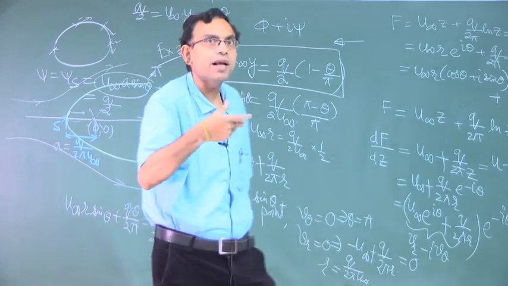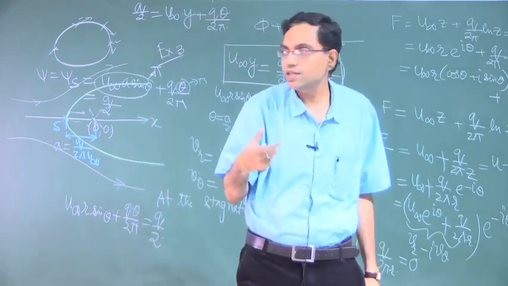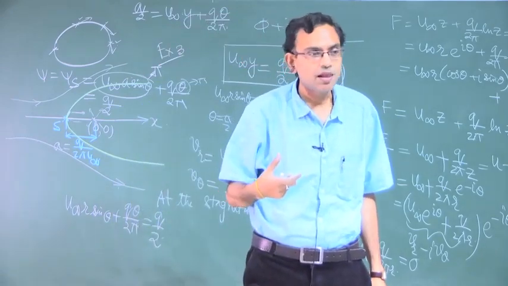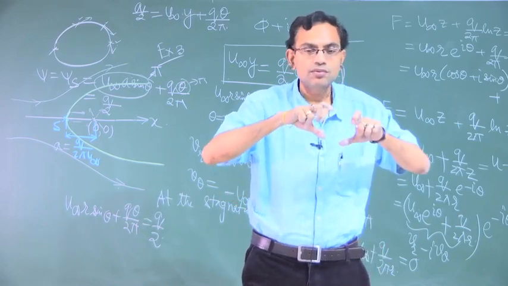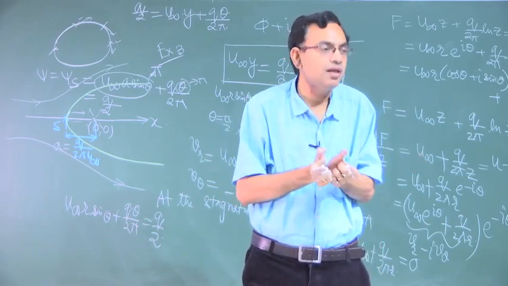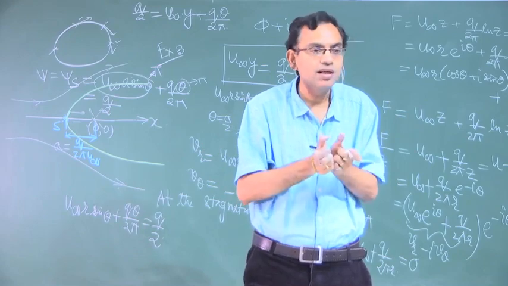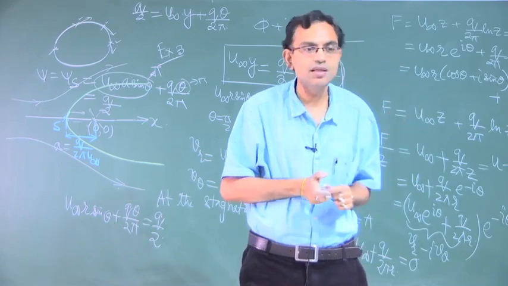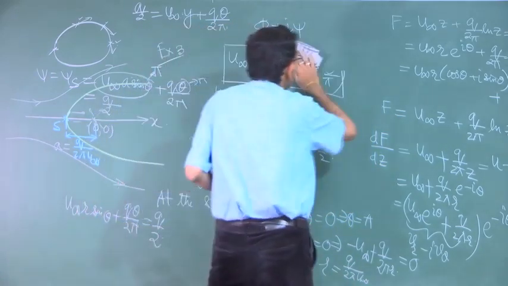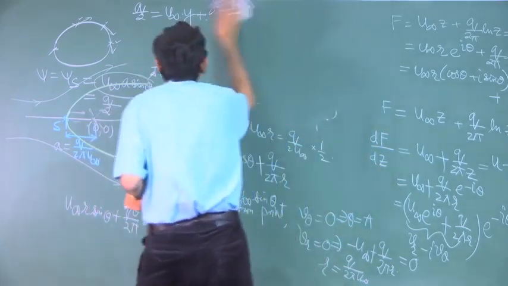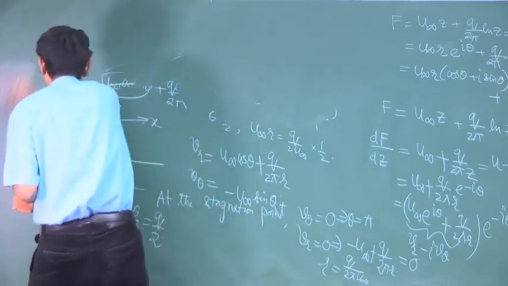All these geometrical parameters are important because these parameters can only tell you the shape of the body past which the flow is generated by this arrangement. We will consider another superposition and then we will call it a day today.